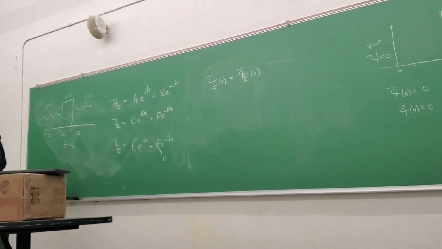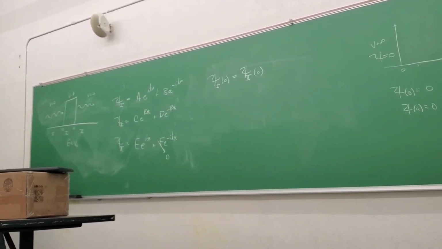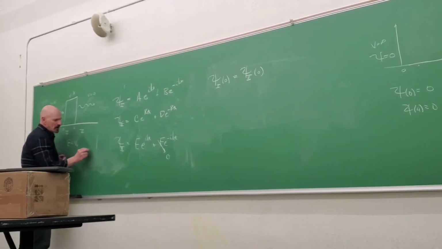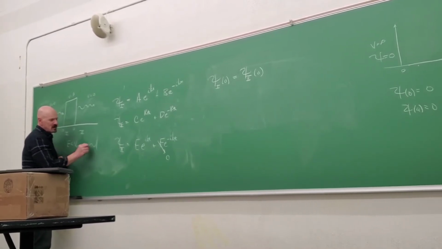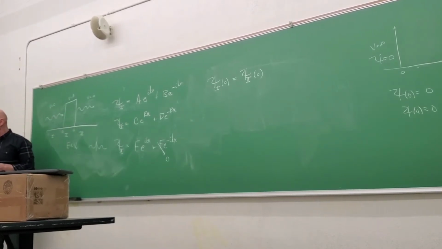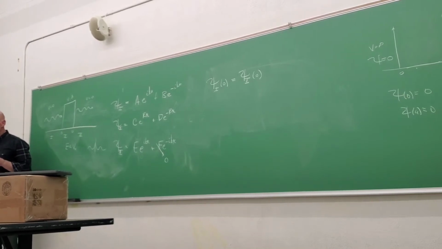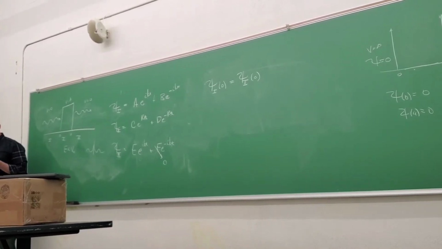But that's insufficient, because continuity, even though they match, is not assured. If I have a boundary and I have a wave function that comes up like this, and then it comes down like that, that is a discontinuity, even though they have the same value at that point. So there's a second criterion for continuity.